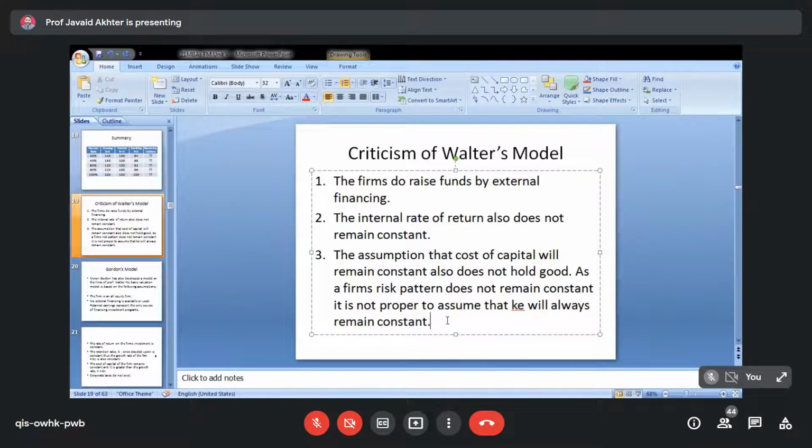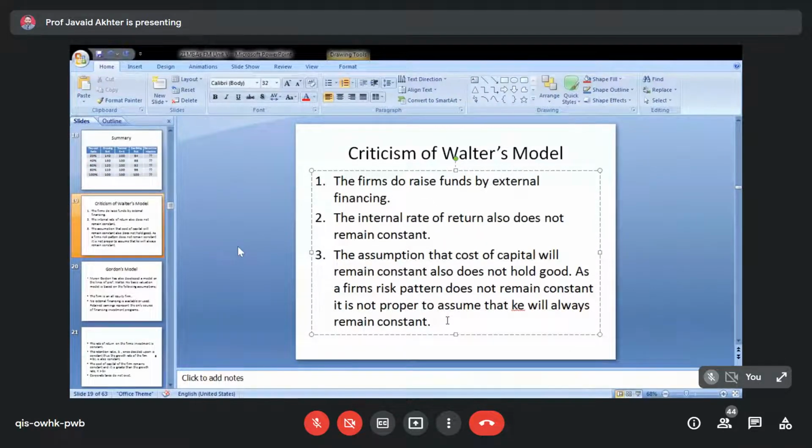So these are the criticisms. If you look at the assumptions and criticisms together, you need to just remember only one: naturally, criticisms are by and large based on the assumptions.